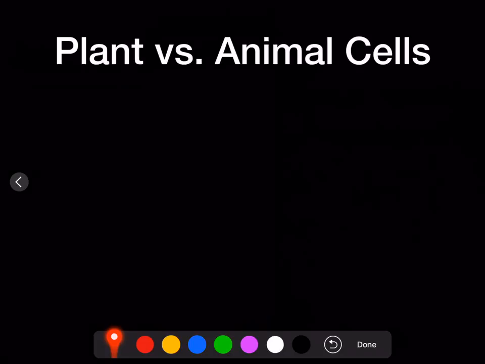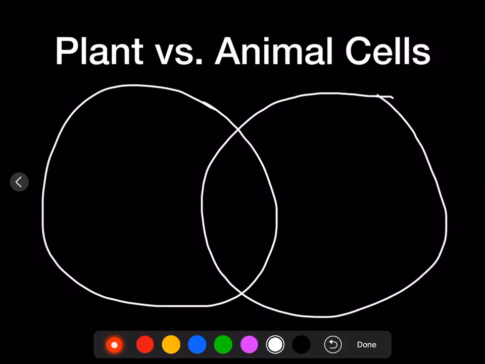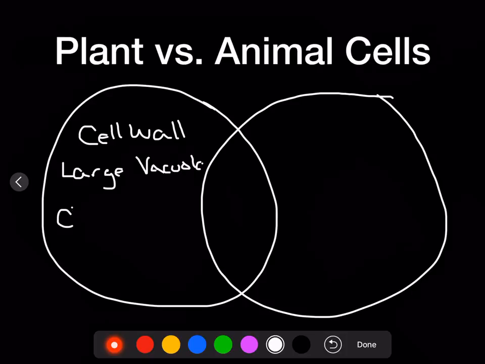So let's compare the two cells that we have here. So we have a plant cell, we have an animal cell. We're going to make a little Venn diagram here. Now remember, the plant cell contains a cell wall, also has a large vacuole, and it also contains chloroplast. Now, animal cells have no cell wall.